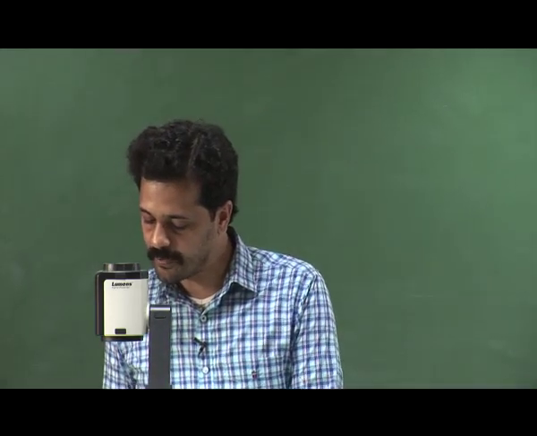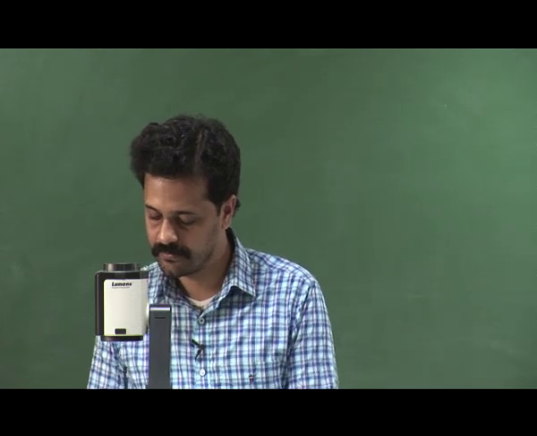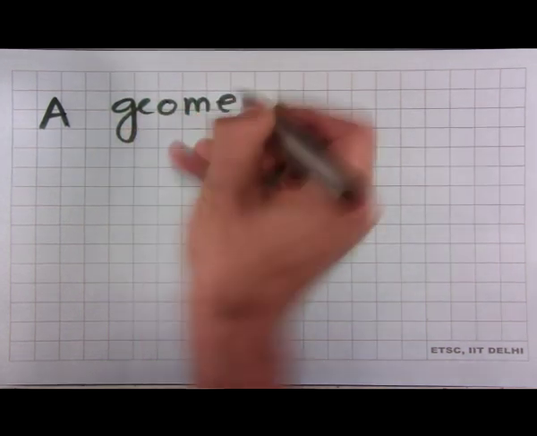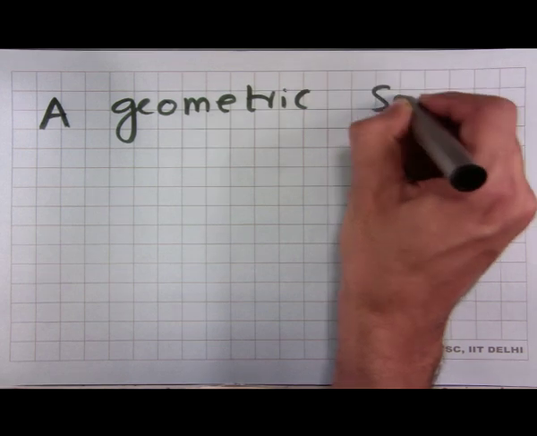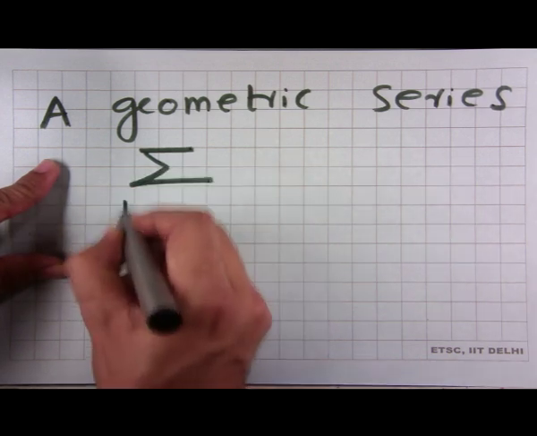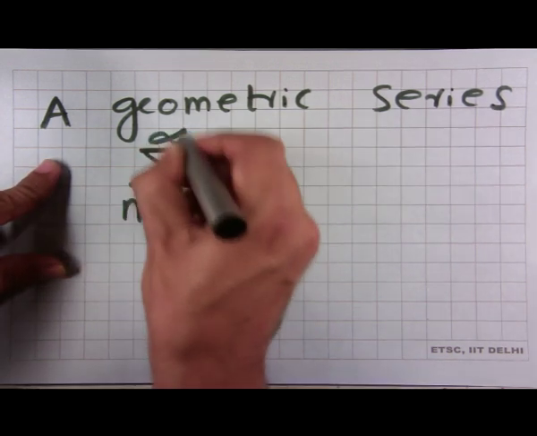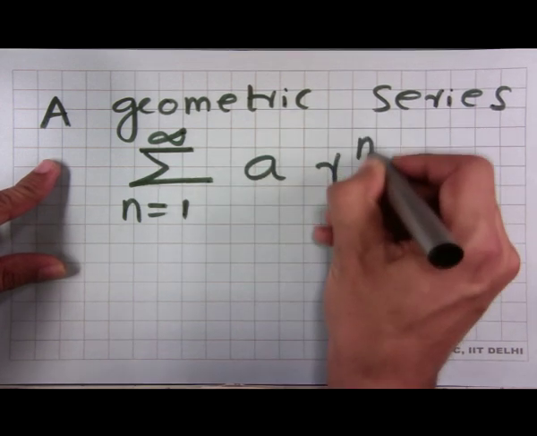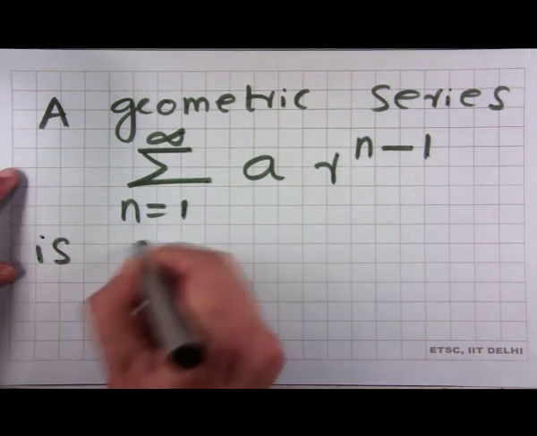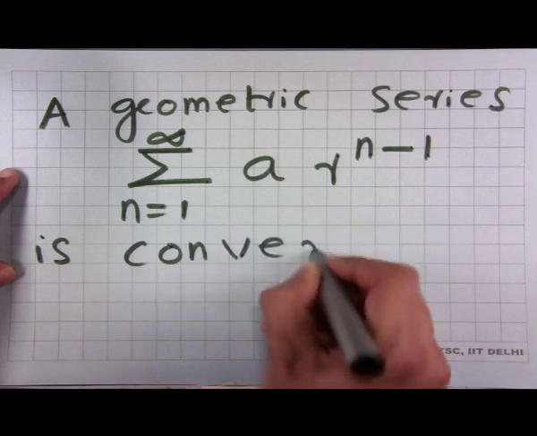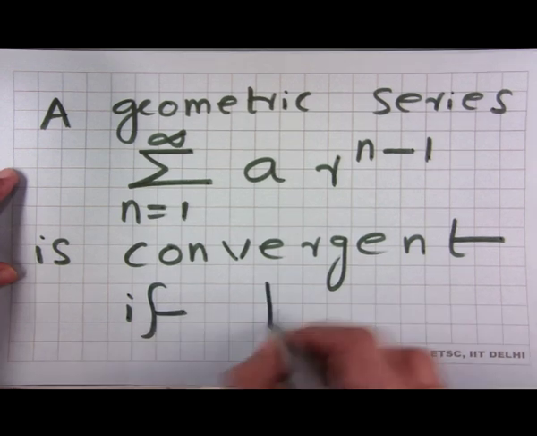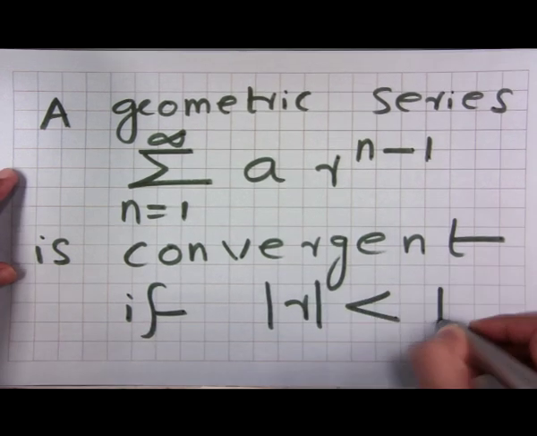Let me record this observation here. A geometric series of the form summation n equal to 1 to infinity a r^(n-1) is convergent if |r| is less than 1.